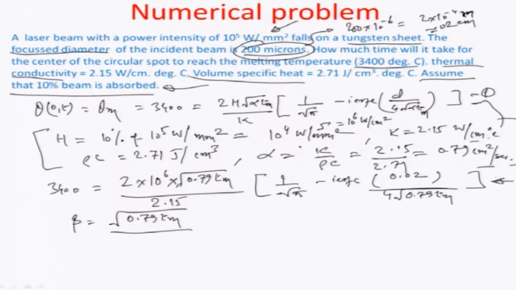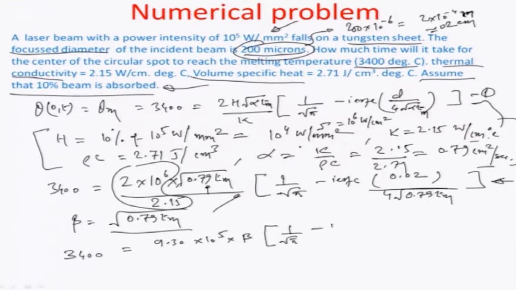So the first thing we need to do is to put the beta value in this equation here, and we can rewrite this equation as 3400 equals, this whole thing can be calculated and written down as 9.30 times 10 to the power of 5 times beta, times 1 by root of pi minus the error function of the third kind of this whole term here, which we call zeta.